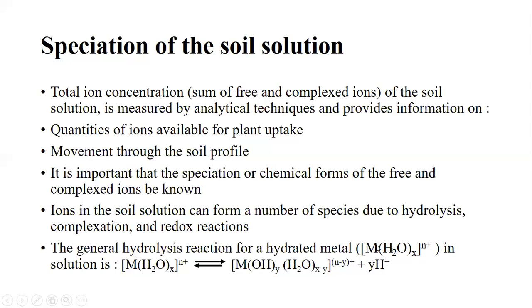So M is for the metal, which has a positive charge. It's a cation surrounded by water molecules. The number of molecules we call x, and the charge is n plus. If it was aluminum, this will be 3 plus. If it's any other divalent, it will be 2 plus. If it's 4, it'll be 4 plus. So this n is an integer which changes according to what M is.